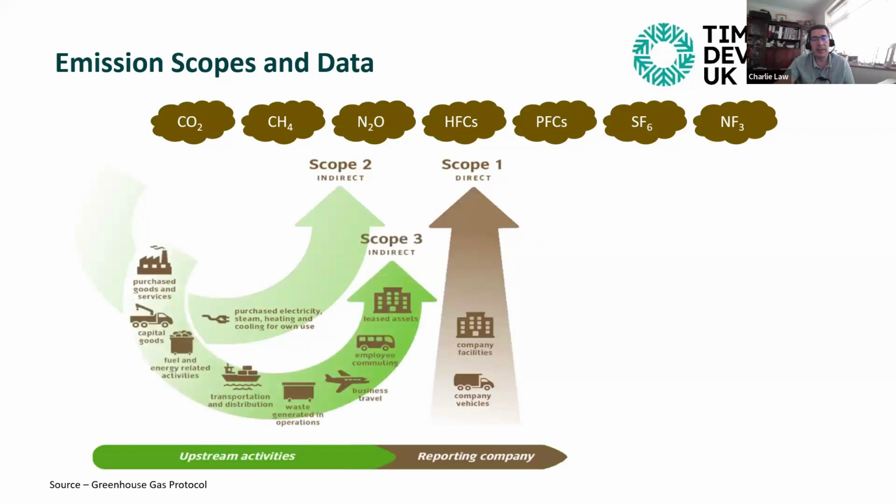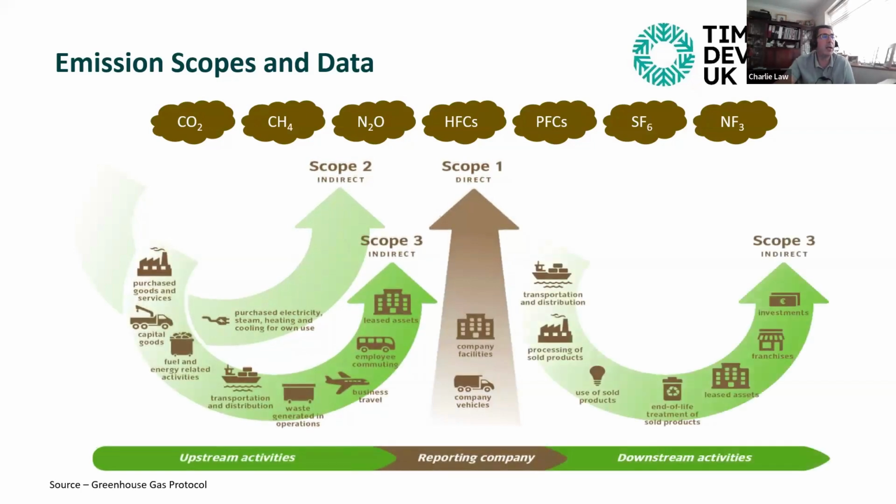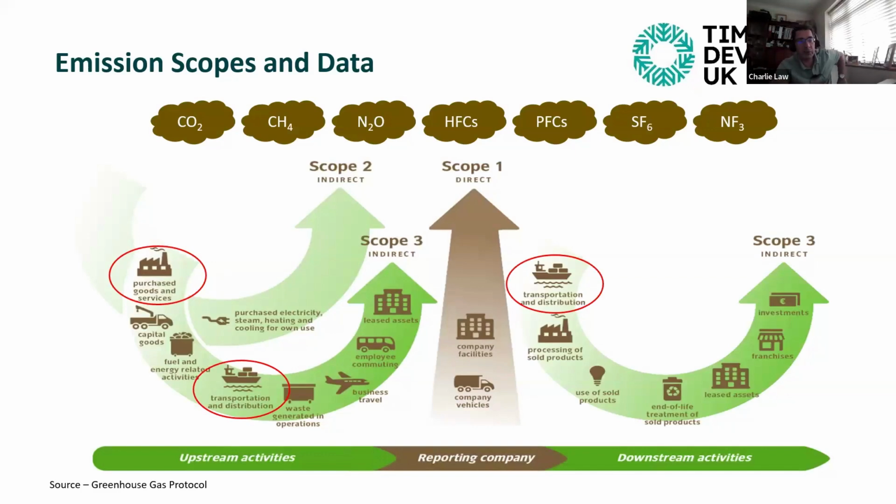But one of the biggest areas of your emissions is going to be your scope 3. So that's emissions from outside of your business. So key ones there are going to be things like the embodied carbon in the purchased goods that you buy. So if you're buying timber to make into a timber frame wall panel, obviously you're going to have embodied carbon within that timber that you need to account for.